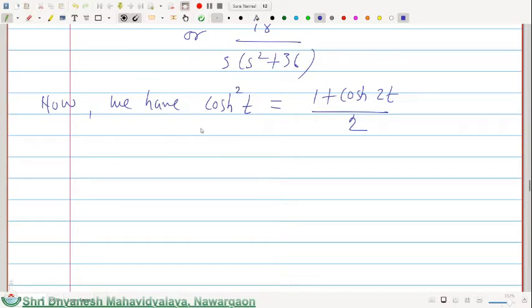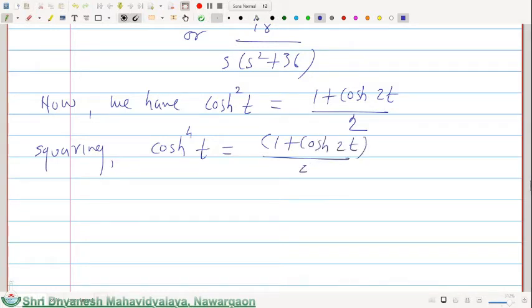We require the Laplace transform of cosh⁴t, and here we have cosh²t. So we can square both sides to get cosh⁴t. Squaring, we get cosh⁴t equals ((1 plus cosh 2t) upon 2) whole square, which is (1 plus cosh 2t) whole square upon 4.